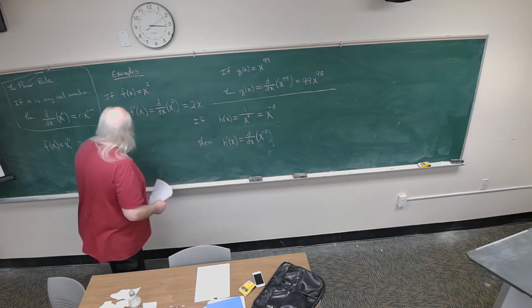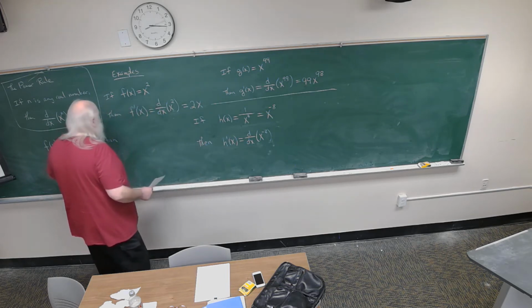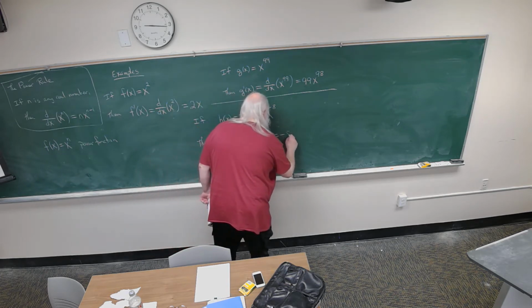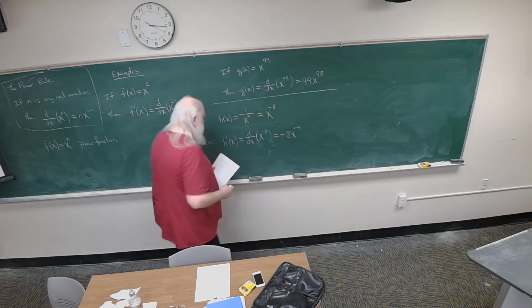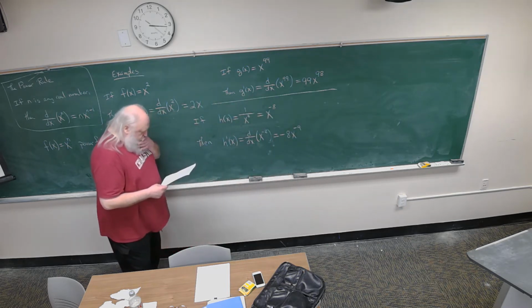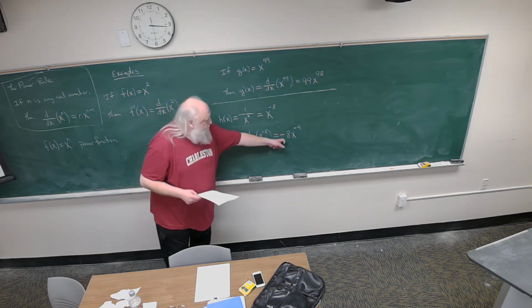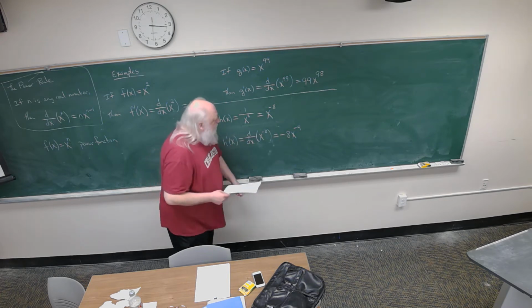And now we use the definition of the power rule. You bring the minus 8 down in front of the x, and then you subtract 1 from the exponent. So h prime of x is equal to minus 8 times x to the minus 9.